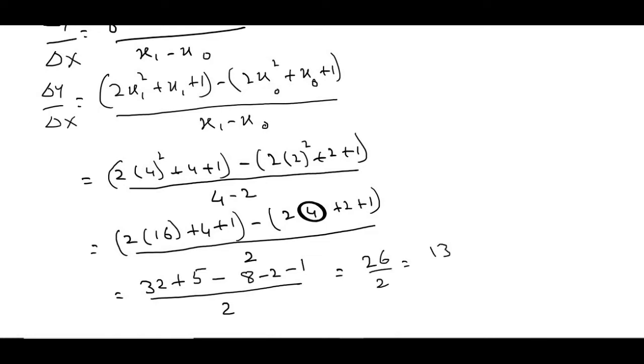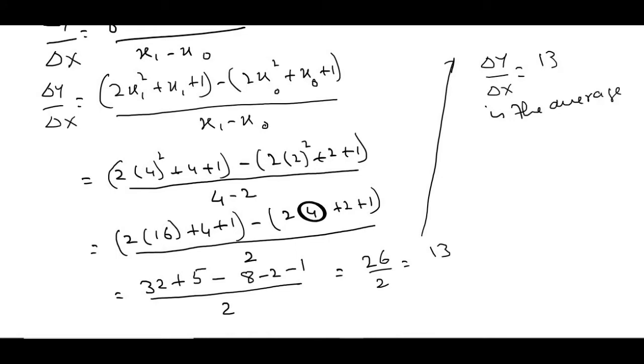So delta y by delta x is equal to 13, which is the average rate of change for this function.